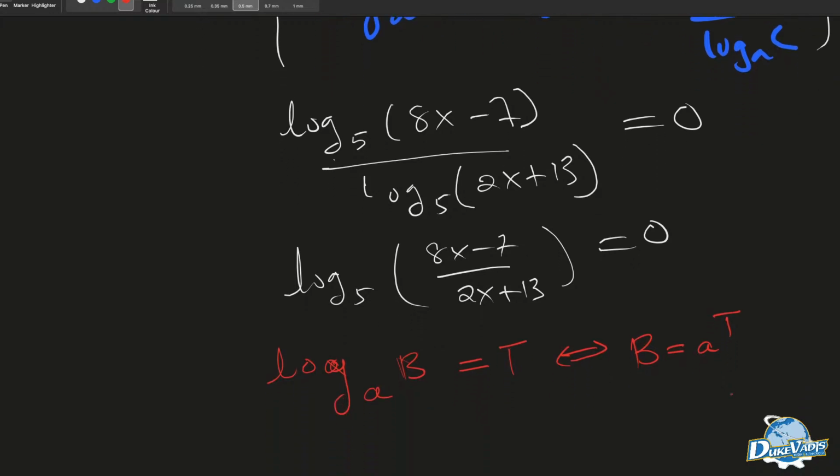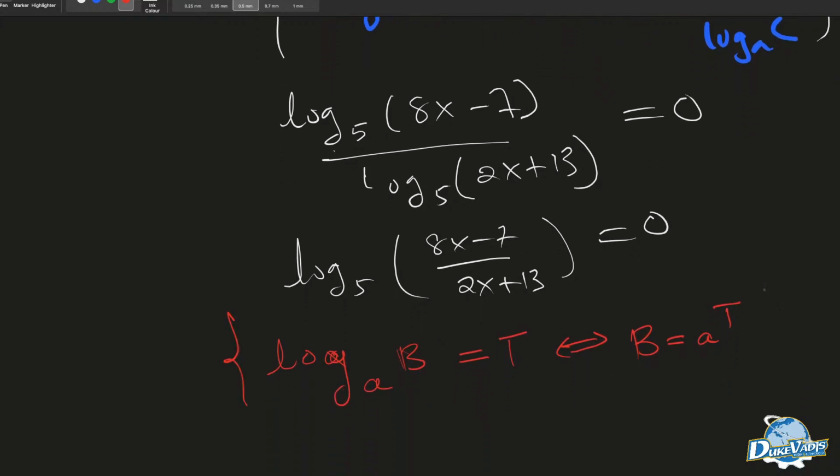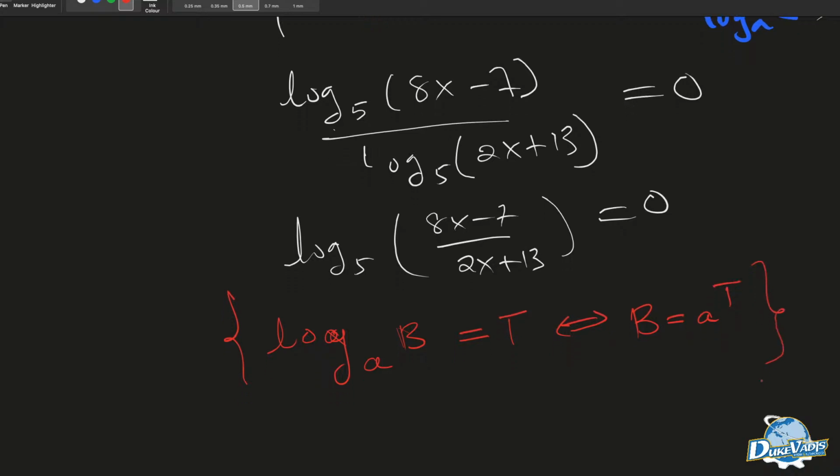Remember, this is another logarithm rule. If we apply that one, in a simple sense our equation will be 8x minus 7 all over 2x plus 13 is equal to 5 raised to the power 0.